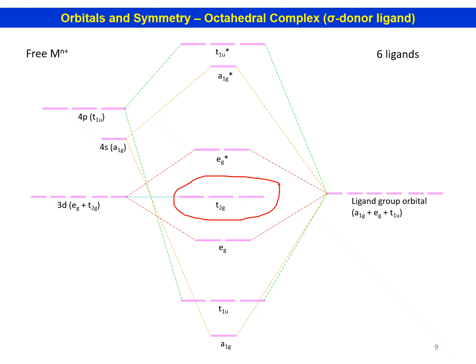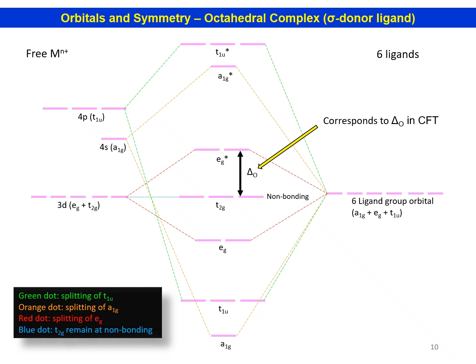So the T2G here in a sigma donor ligand, if the octahedral complex comprises of sigma donor ligands, the T2G will be placed at the same level as the non-bonding of the free metal ion 3D orbital. That energy difference between T2G and EG star is the crystal field stabilization energy.